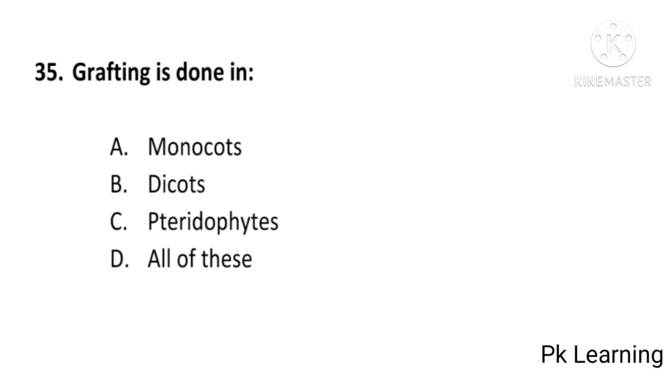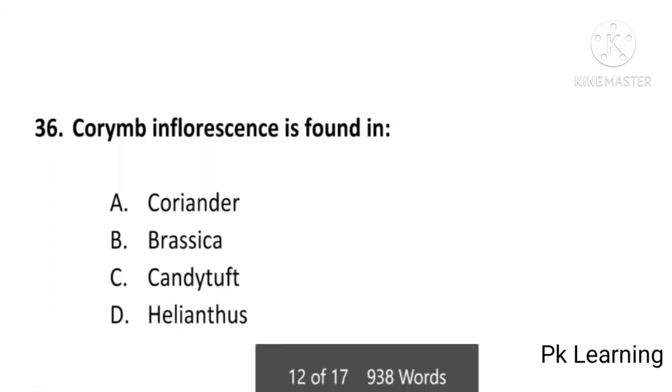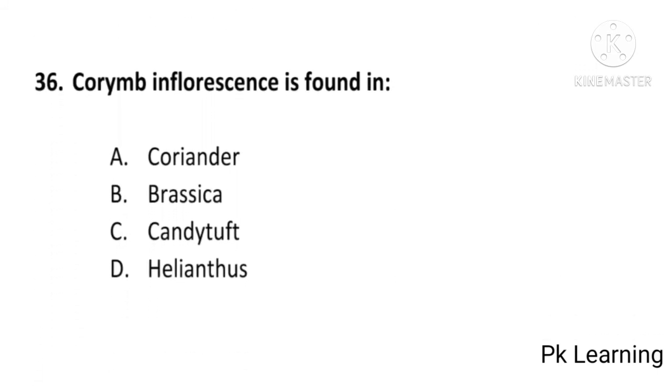And next question is, grafting is done in monocots, dicots, pteridophytes, or all of these. And answer is B, dicots. Grafting is done in dicots. B is correct option. And next question is, corymb inflorescence is found in coriander, Persica, candytuft, or helianthus. And answer is C, candytuft.